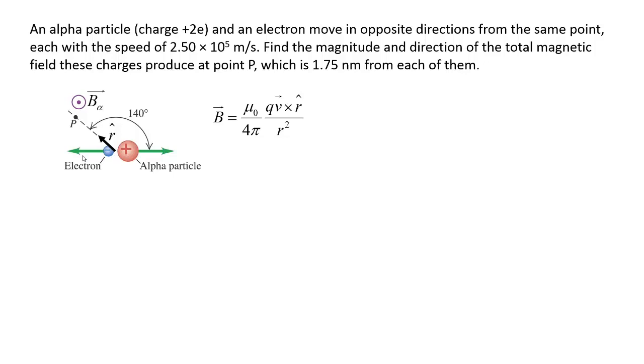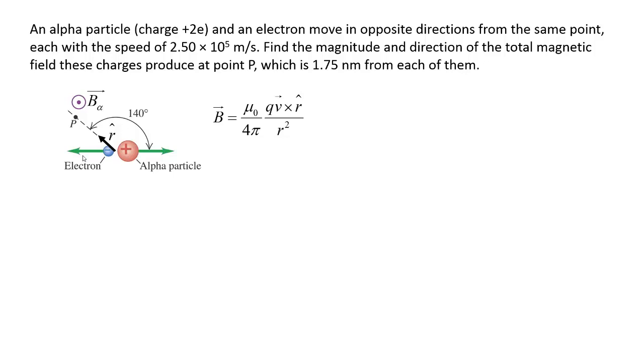Orient the four fingers of your right hand along the direction of motion for the alpha particle, to the right, and wrap the fingers across in such a way that you align the four fingers across the unit vector r. As you can see, the thumb comes out of the page, and that will be the direction of the magnetic field created by the alpha particle.